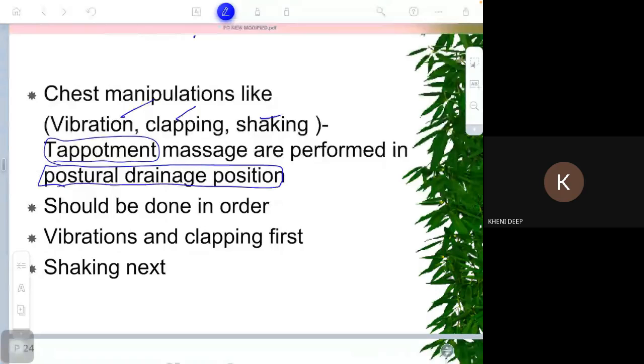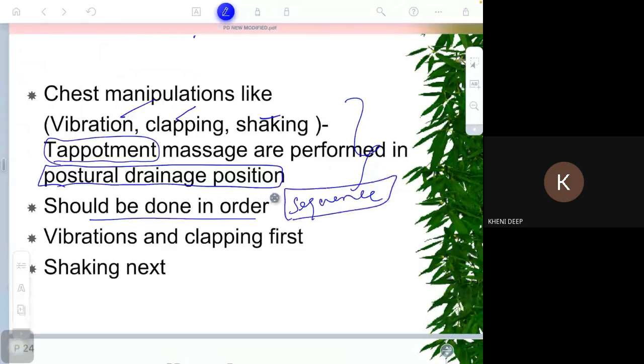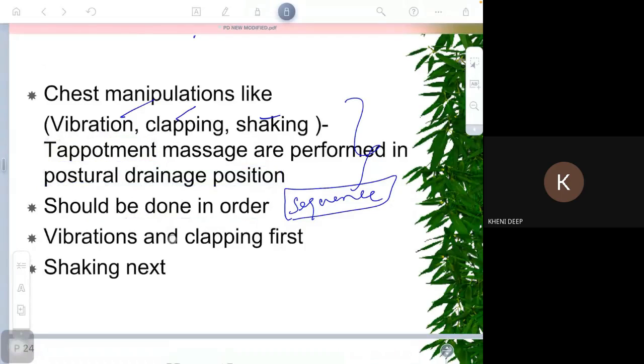And second point is, these manipulations should be performed in a sequence. Clear? That is vibrations, clapping, and shaking. What is the sequence?